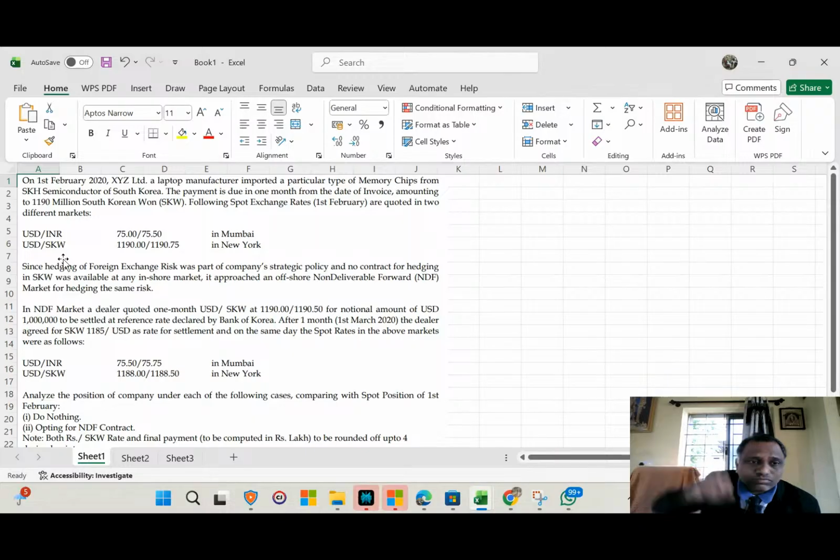For that, if I want to compute directly, they didn't give a direct quotation. They gave an indirect quotation. As in the market today, for one South Korean won, 1,190.75 rupees if I give, I will get $1.